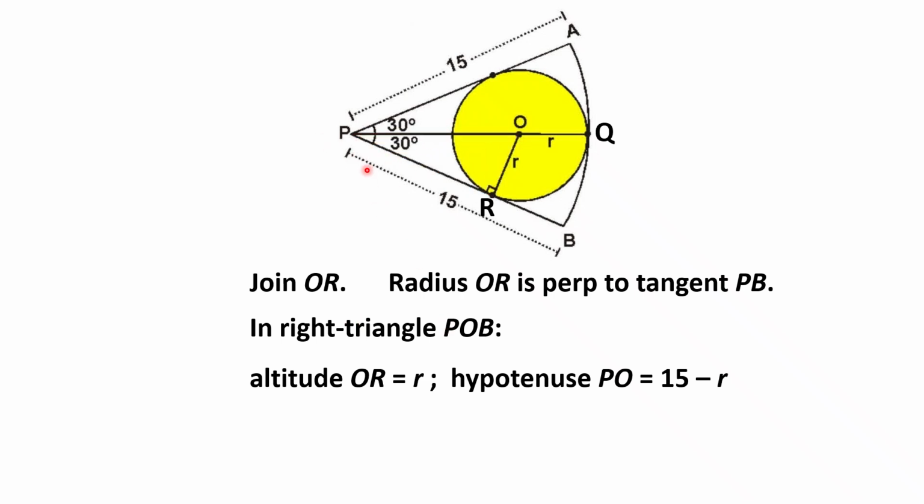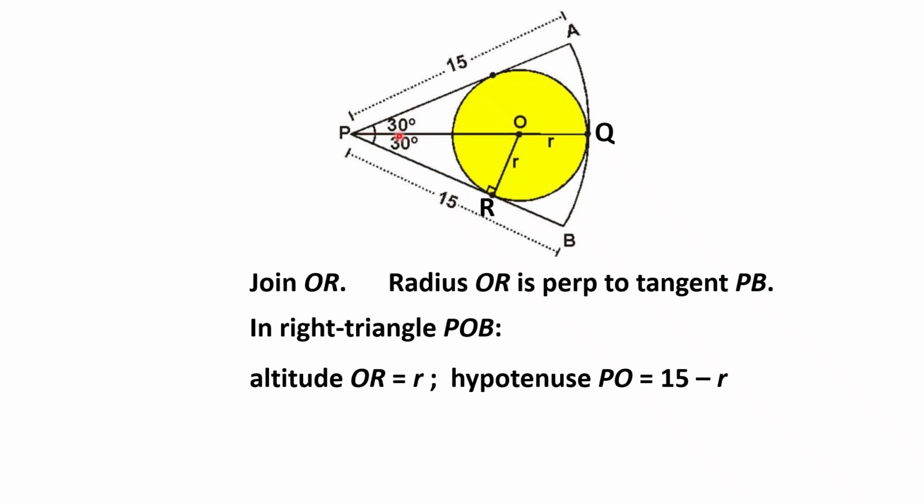You get the right angle triangle where the angle is 30 degrees. The altitude OR is R, the radius of the yellow circle, and the hypotenuse PO is 15 minus R, which we calculated.